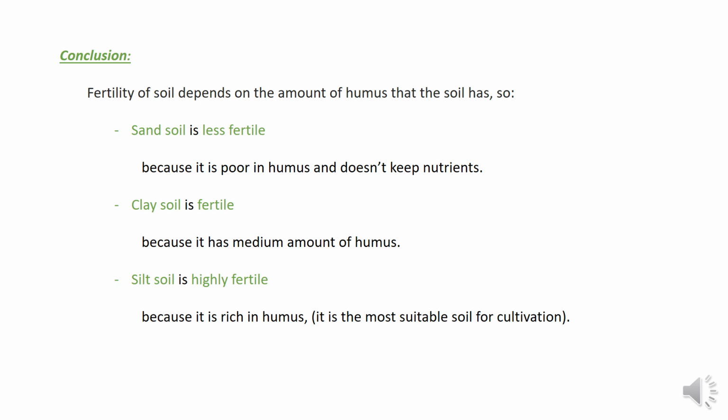So sand soil is less fertile because it is poor in humus and doesn't keep nutrients. Clay soil is fertile because it has a medium amount of humus. Silt soil is highly fertile because it is rich in humus. It is the most suitable soil for cultivation.